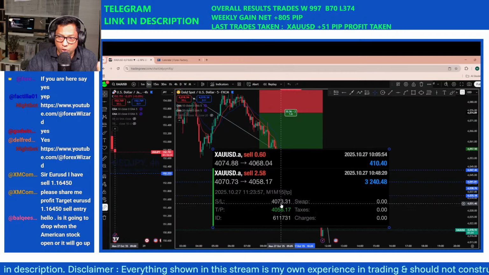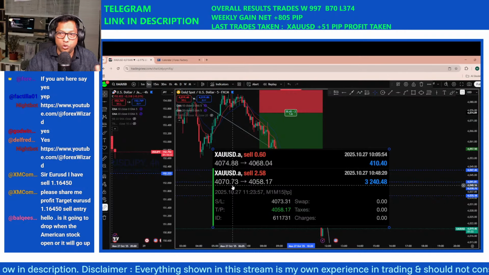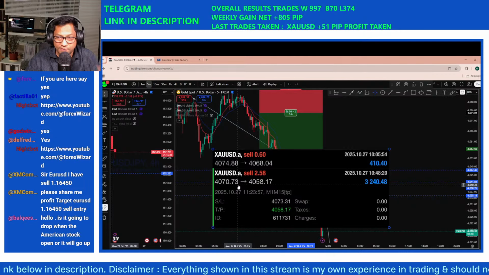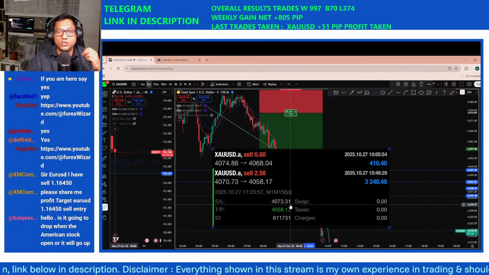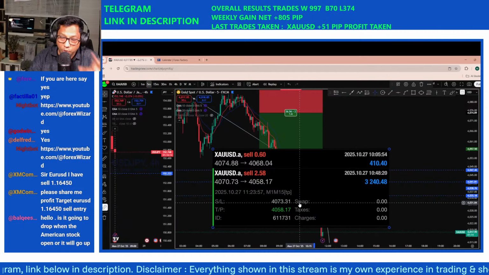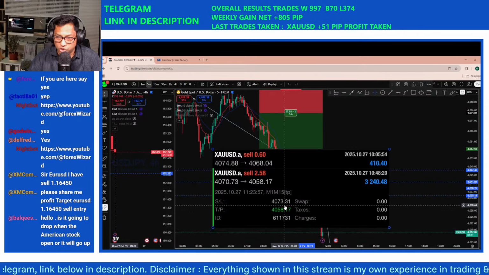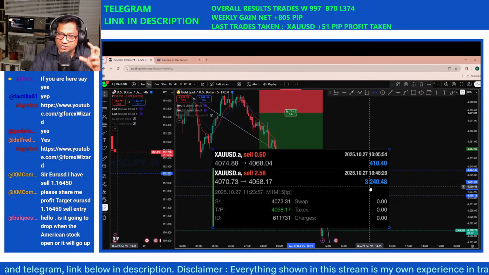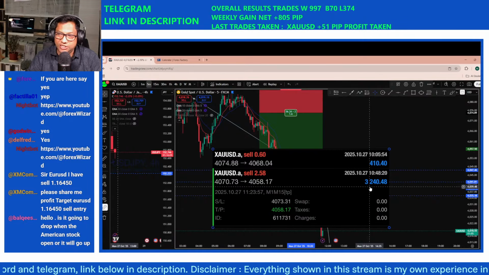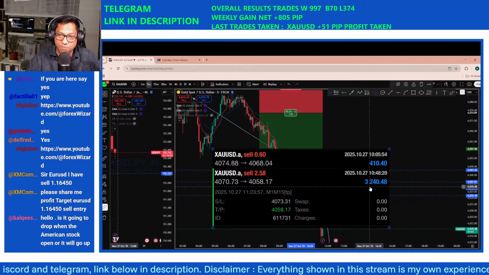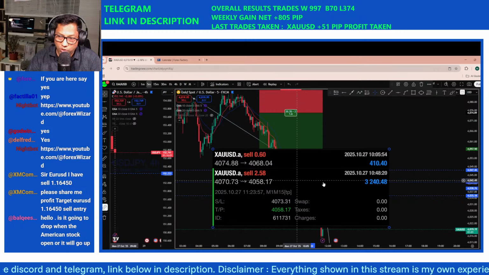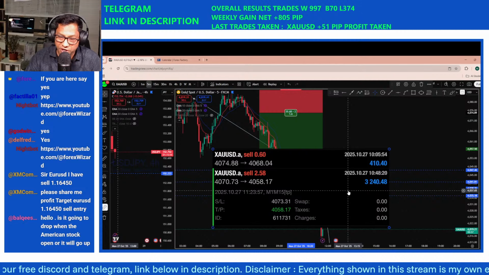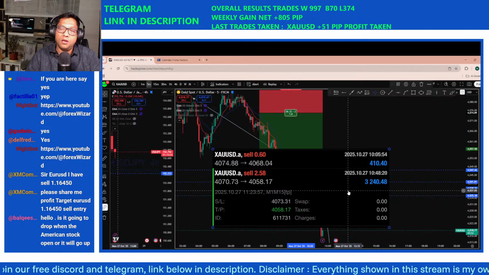The trade is opened at 4070.73, nearly 4071, with stop loss at 4073, only approximately 20 pip stop loss, and smash, that profit target hit. This is a complete strategy. Currently we have many members trading with me with this strategy, and I am sharing every detail of the trade in the premium group.